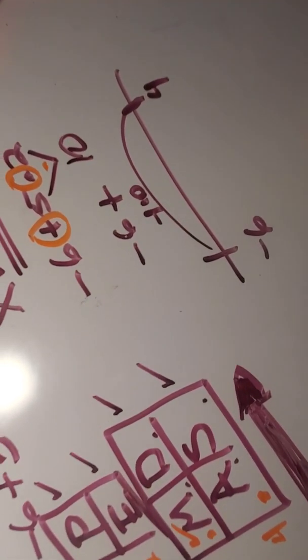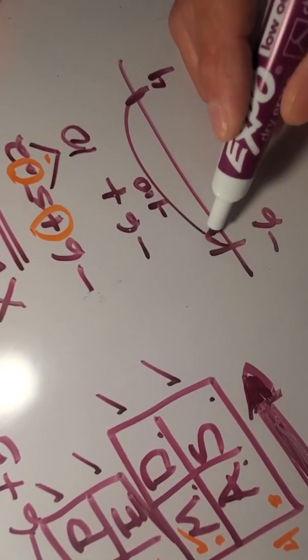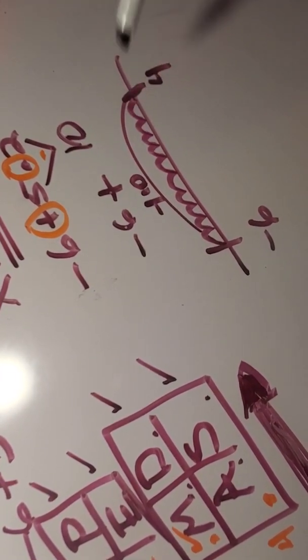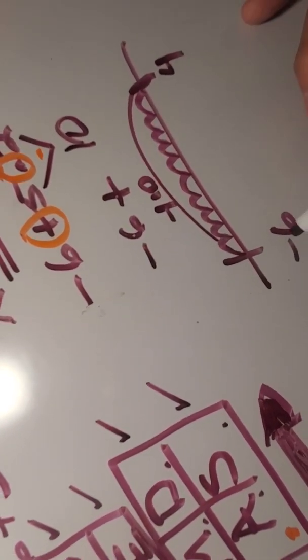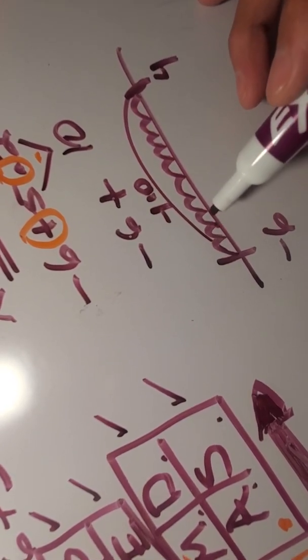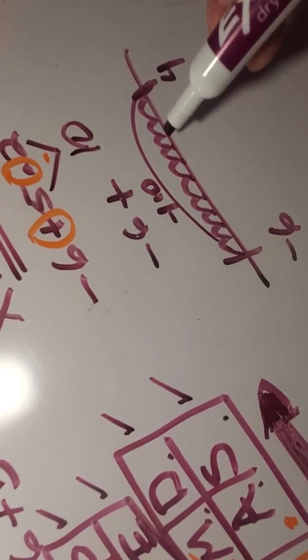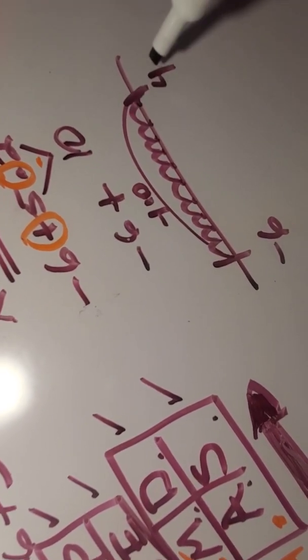If you don't believe me, here I go. 1, 2, 3, 4, 5, 6, 7, 8, 9, 10. This was negative 6, negative 5, negative 4, negative 3, negative 2, negative 1, 0, 1, 2, 3, 4.